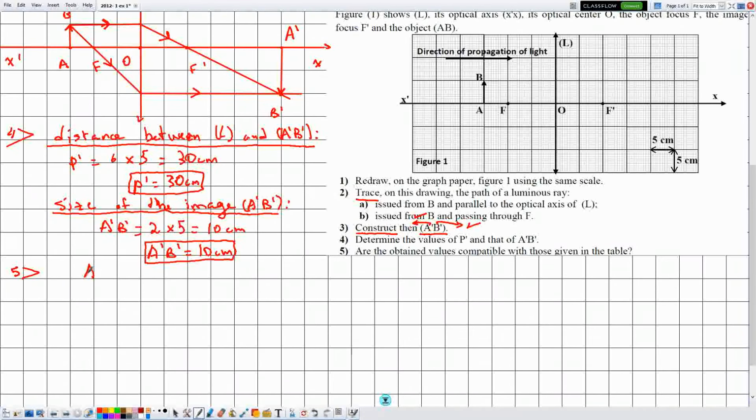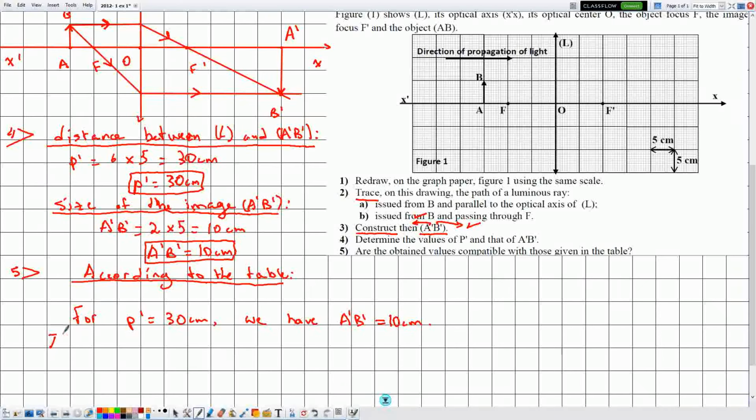Let's say that according to the table, for P prime is equal to 30 centimeter, we have A prime B prime is equal to 10 centimeter, which are the same values that we have calculated graphically from part 2.